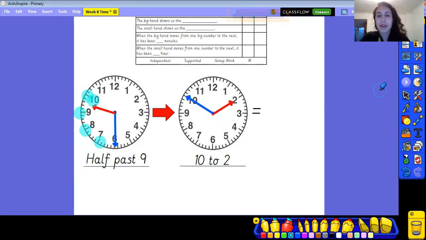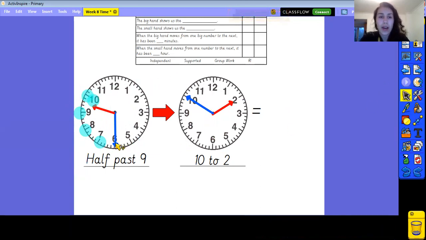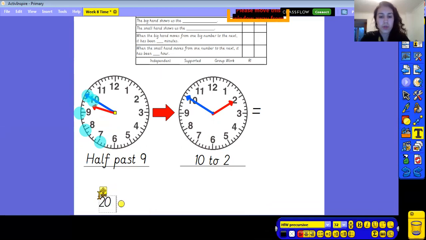So 20 minutes have gone by when our minute hand moves from there to there. There we go. So now that was 20 minutes, and now it's showing us 10 to 10.